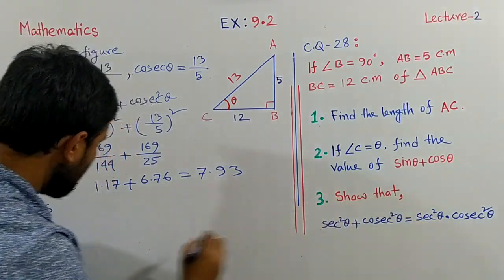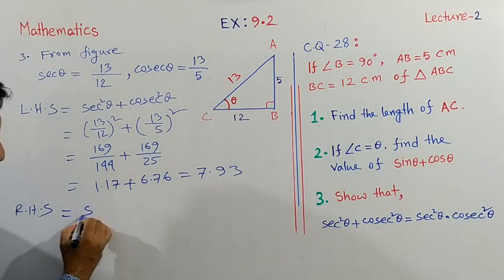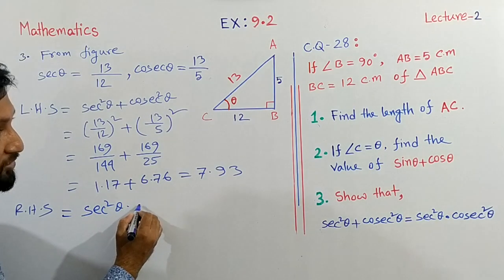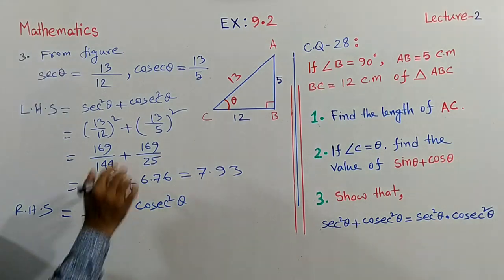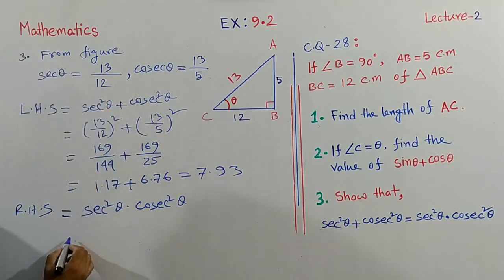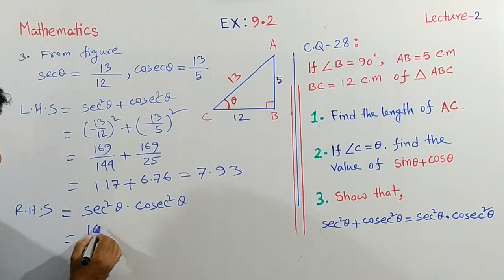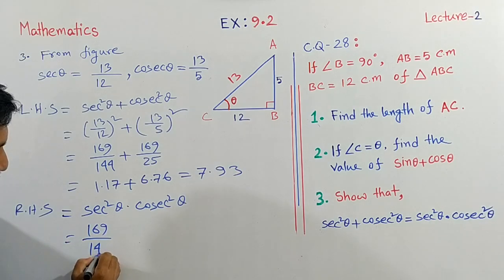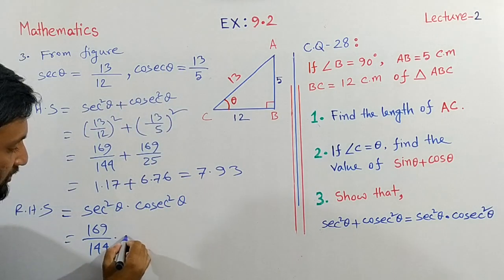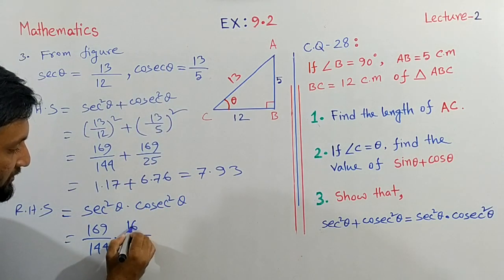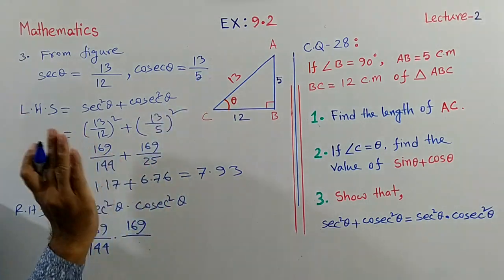Now calculating the right hand side, sec square theta into cosec square theta. Sec square theta, the value of sec is 13 by 12, so squared, 169 divided by 144, into cosec square theta, the value is 13 by 5, so squared, 169 divided by 25.